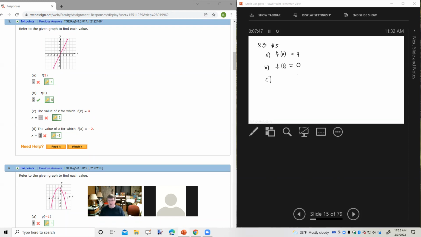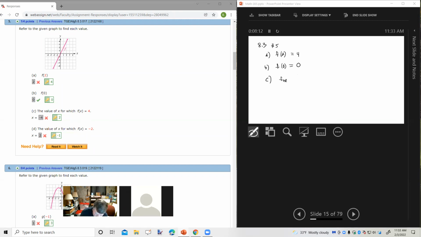So those two problems were given x, find y. Now we're told that f of x equals 4. Well, that's another name for saying y equals 4. Find the value of x for which y, or f of x, is 4. Well, f of x or y equals 4 is right there. What's the corresponding x value? 2.